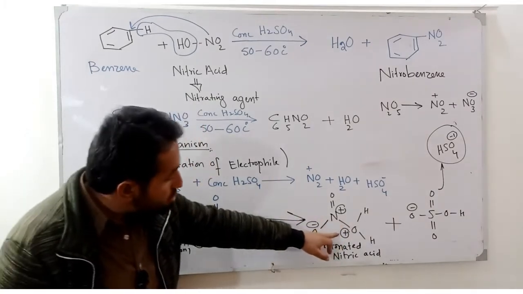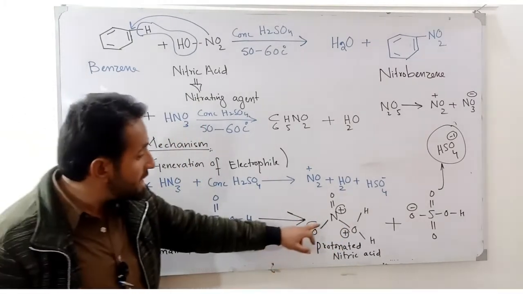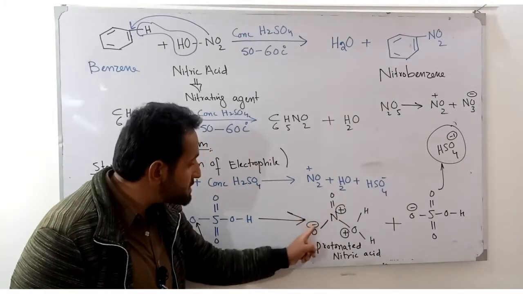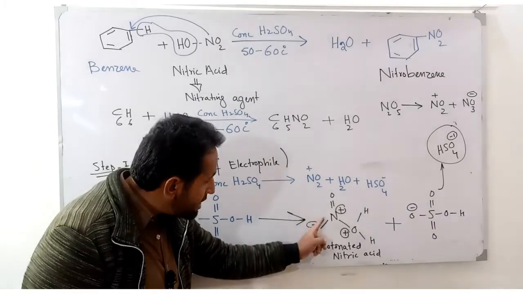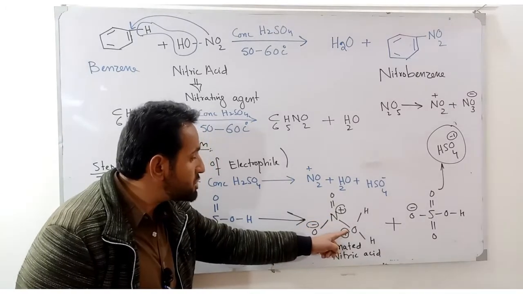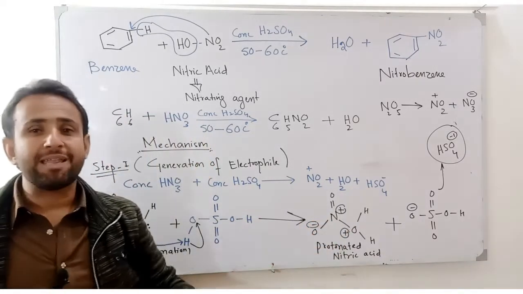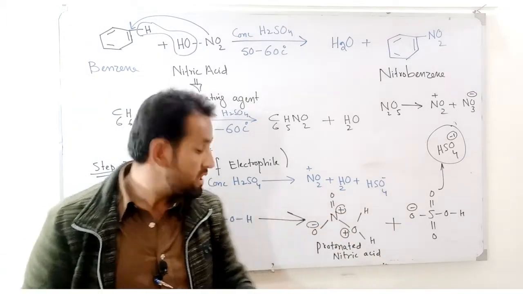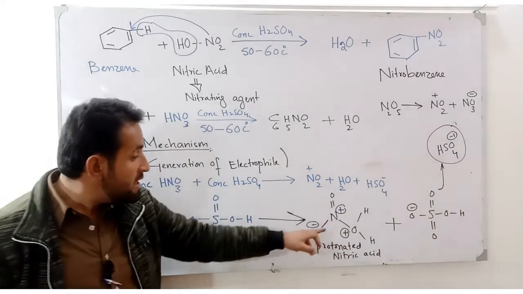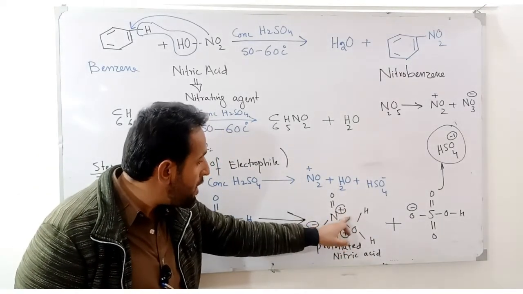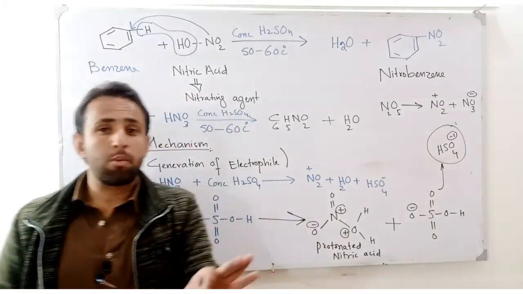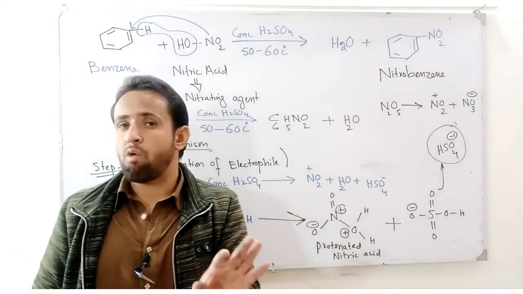Now this positive charge on the oxygen atom will attract electrons from the nitrogen atom, and the N-O bond will break. As the N-O bond breaks, automatically the electrophile will be formed.